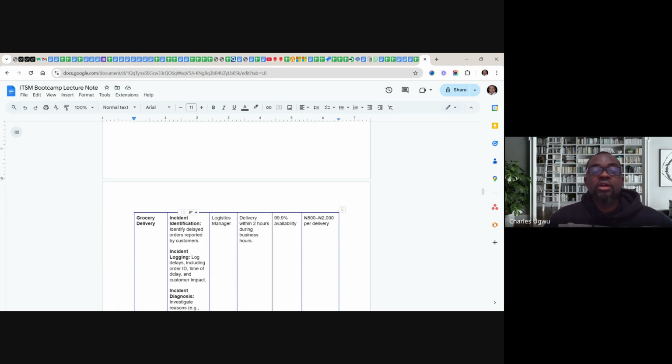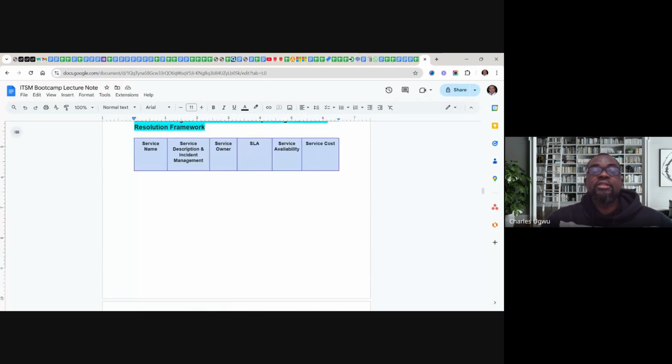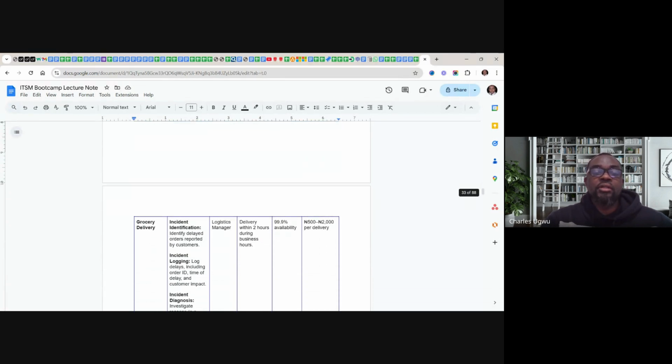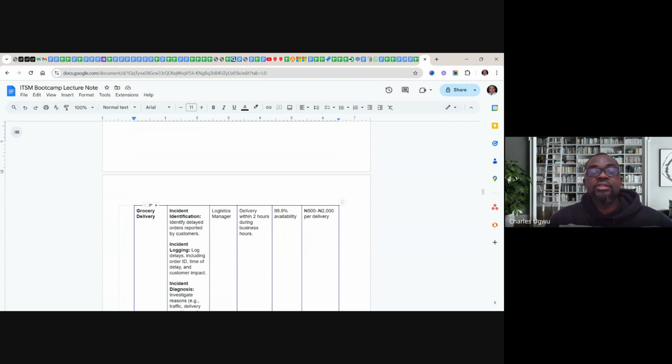So within this grocery, you see incident identification. If we need to work within ITIL, this is the ITIL framework. The first thing is to identify the incidents within the IT services we provide, all the incidents.